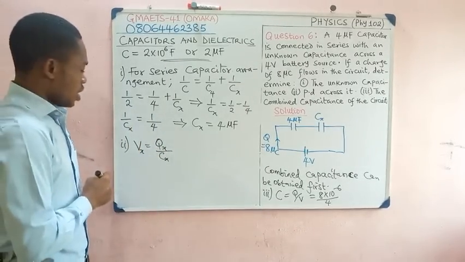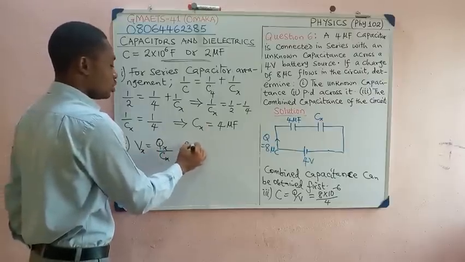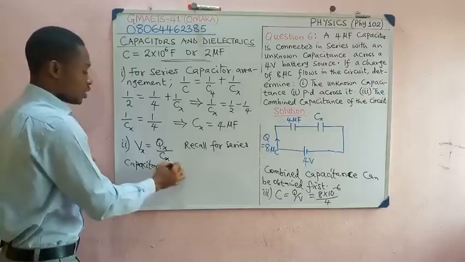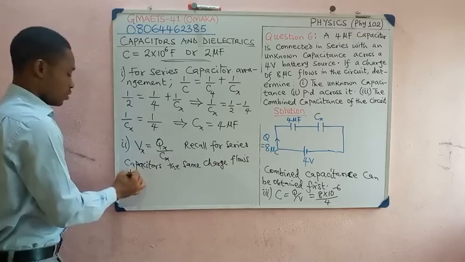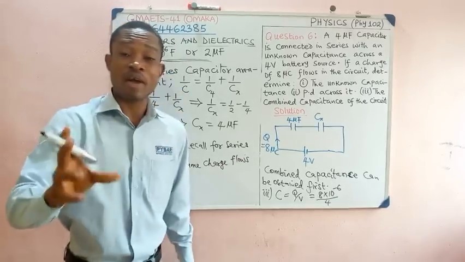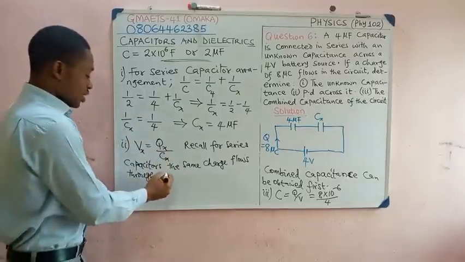But before substituting, I will recall that for series capacitors, the same charge flows through. That is one thing you should know about series capacitors, but if they are in parallel, it's a different charge.